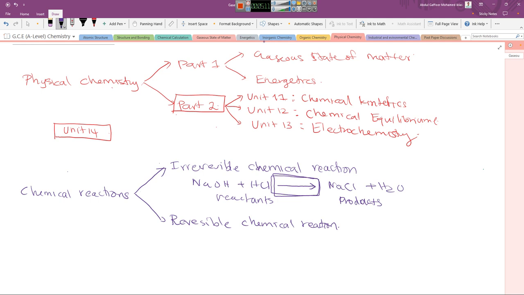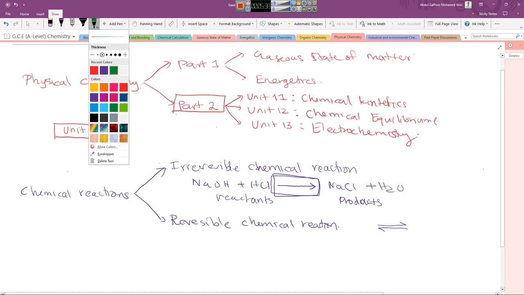Now we will talk a little bit about reversible chemical reactions as well. You might have seen some chemical equations with arrow marks like this. This means these types of chemical reactions can occur in both forward and backward directions. So let me write it down here using a different color.